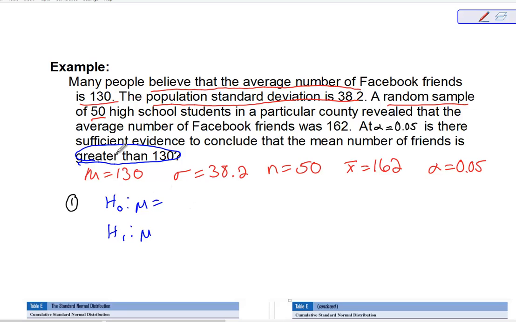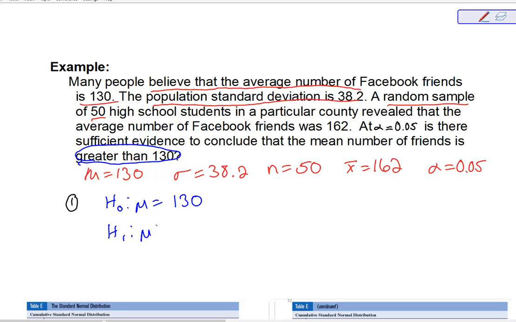So I'm going to put down that my null hypothesis is that the mean is equal to 130. Now our problem states that at alpha equaling 0.05, is there sufficient evidence to conclude that the mean number of friends is greater than 130?